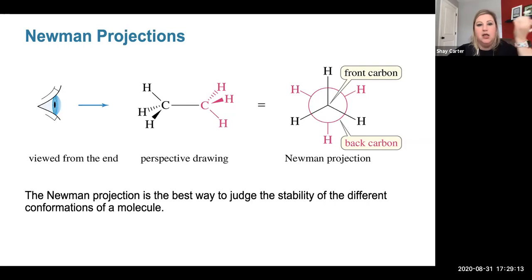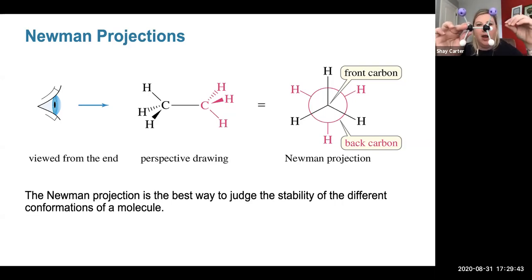Here is my ethane molecule, and I have the purple on there because I'm going to show you something in just a minute. What this picture is saying shows you how to view a Newman projection. Newman projections are the best way for us to judge the stability of a molecule and to even draw conformers of those molecules.